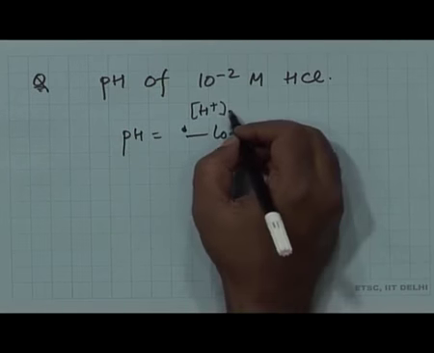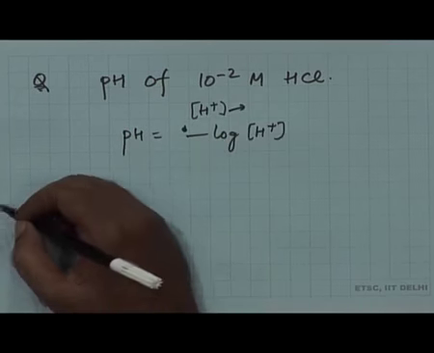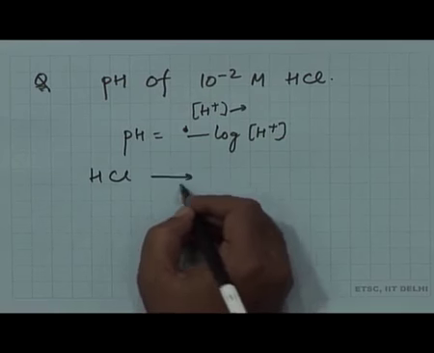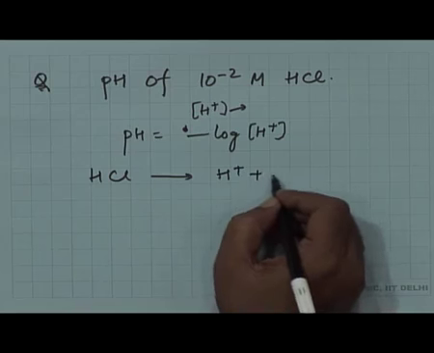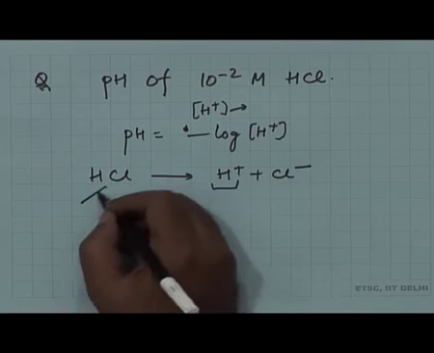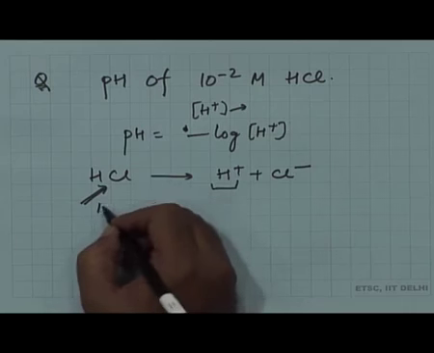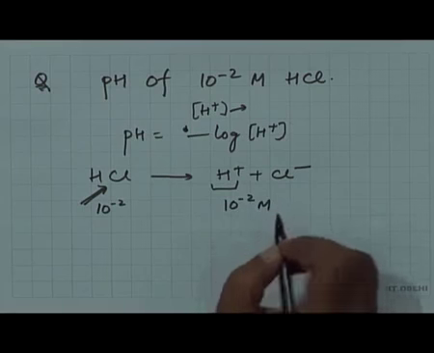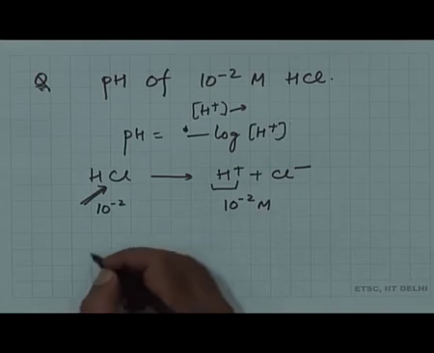So, what is the H+ ion concentration? H+ can come from HCl, and we know that HCl is a strong acid, it completely dissociates. So, if you have started with 10 to the power minus 2 molar, you will get 10 to the power minus 2 molar H+ ion from HCl.